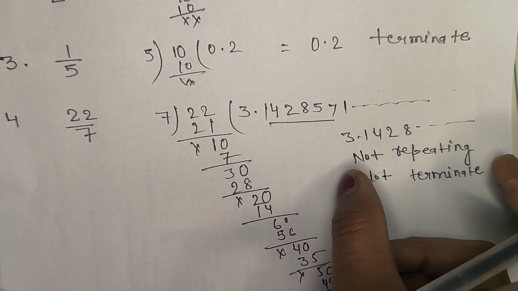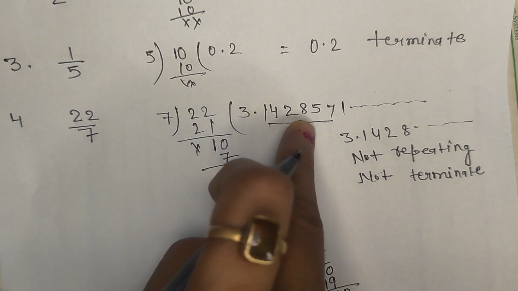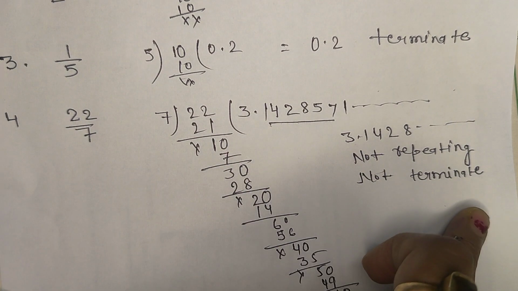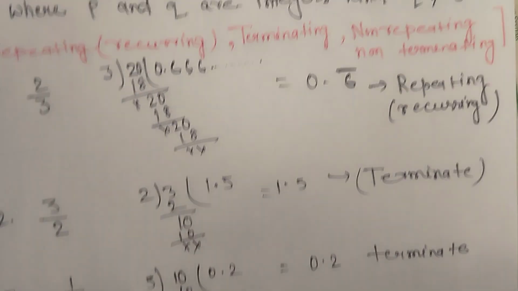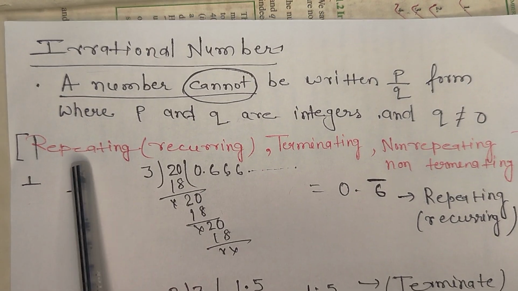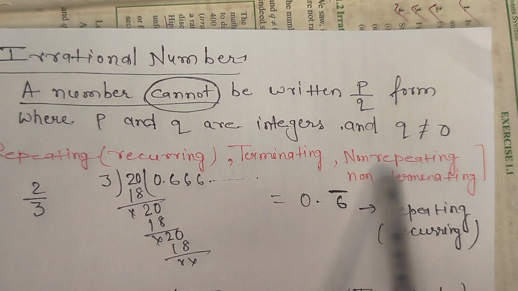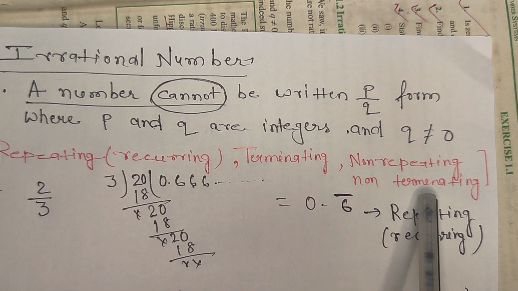This type of number we call non-repeating, non-terminating. We learn here three terms: repeating, terminating, and non-repeating, non-terminating.